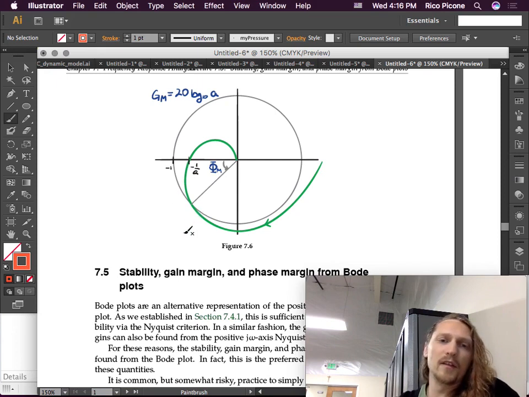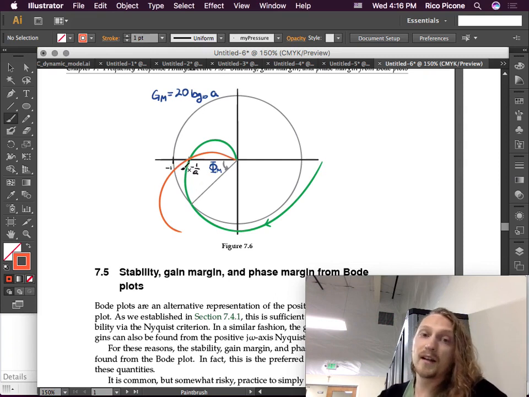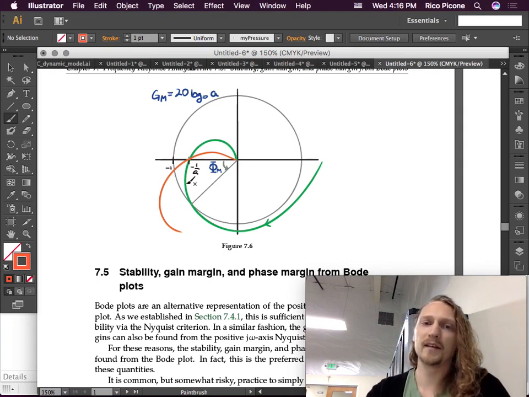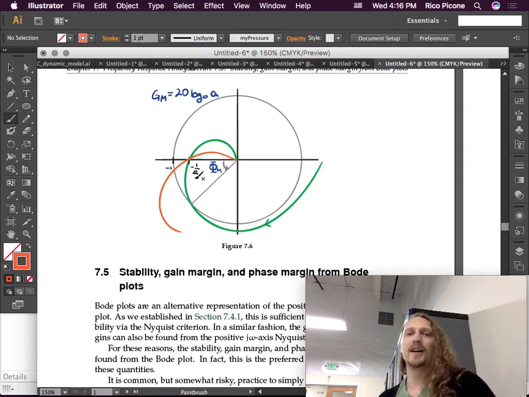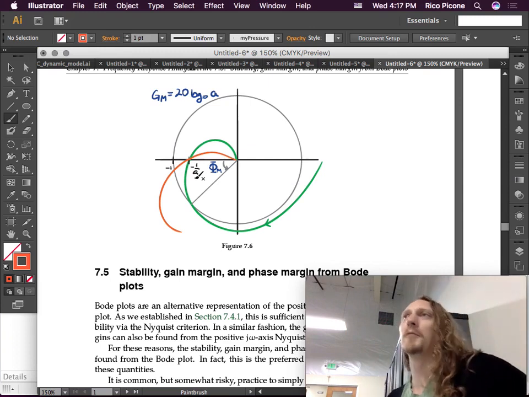So this system would have the exact same gain margin as the green one. So the orange and the green would have the exact same gain margin. But the orange one would have a smaller phase margin. And it is, in fact, closer to going unstable, in a certain sense, than the green one is.